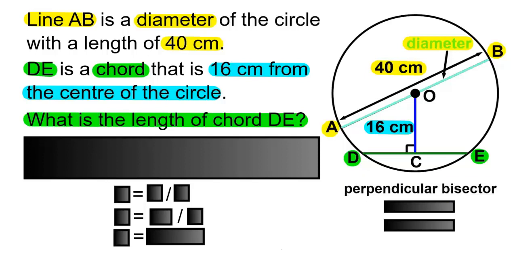The first thing that we should note is that this is a perpendicular bisector. So line OC is perpendicular to line DE.